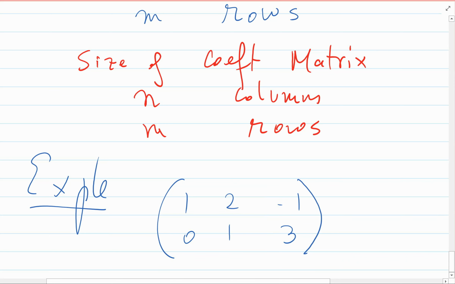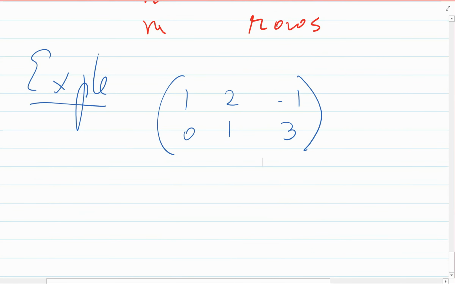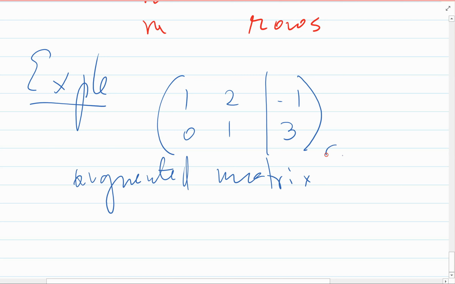But sometimes you have to be careful, because people will forget to put that dashed line, or straight line, to separate the non-homogeneous terms from the coefficients. If they forgot, you need to ask: augmented matrix or coefficient matrix?